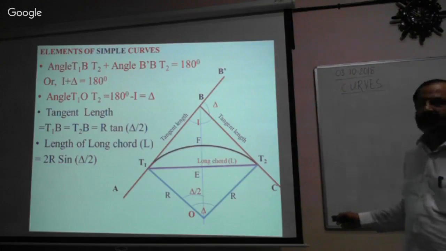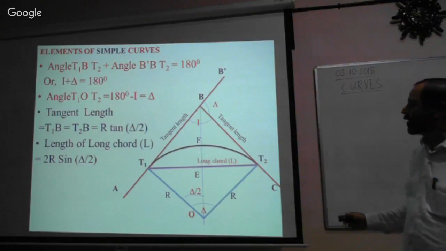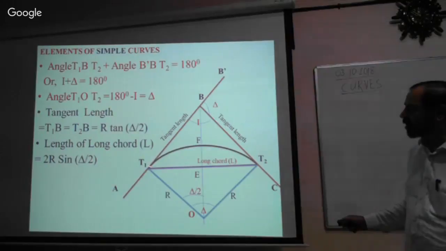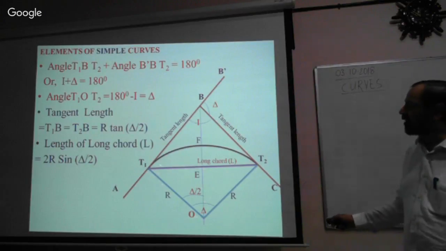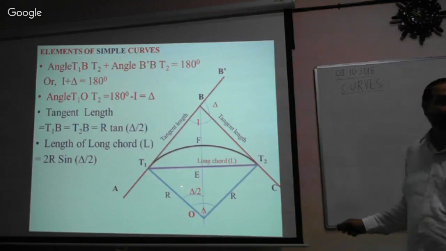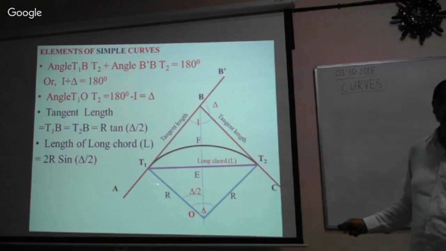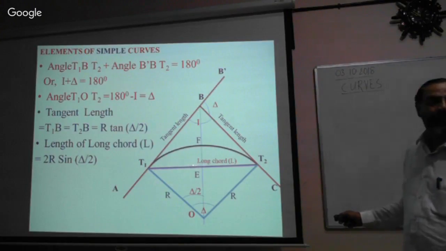Now how do we find the length of the long chord? To calculate it, consider this triangle T1E O. R is known, delta by 2 is known, and this is L by 2.